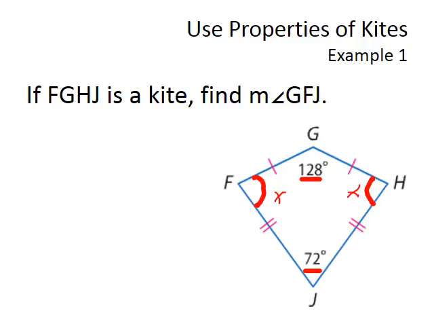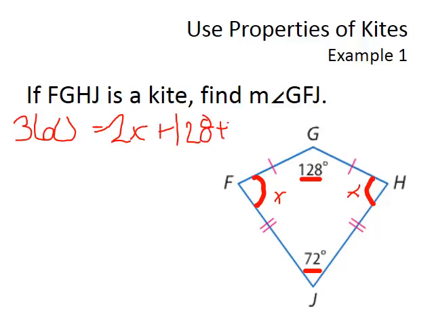So let's say those are each x, and we're trying to figure out what is x. All right, this is a quadrilateral, so all four angles should add up to 360 degrees inside a quadrilateral. And now we just add up our angles. We have the two missing angles, 2x plus 128 plus 72. So let's combine our like terms. 360 equals 2x plus 128 and 72, 200 even.